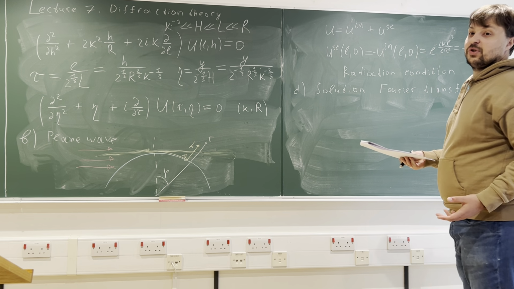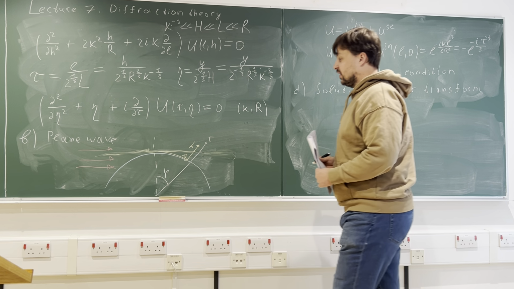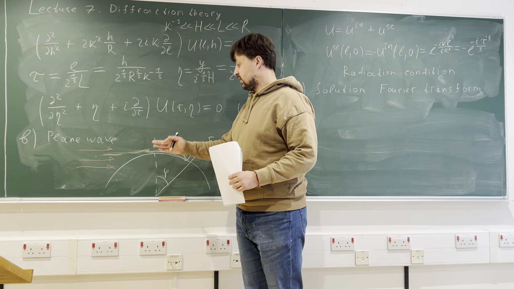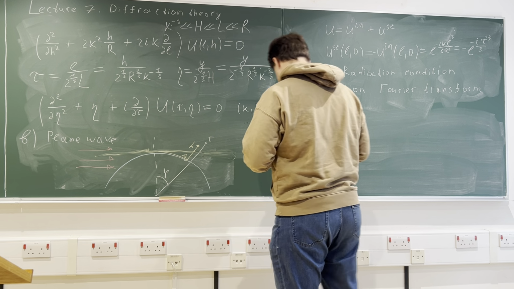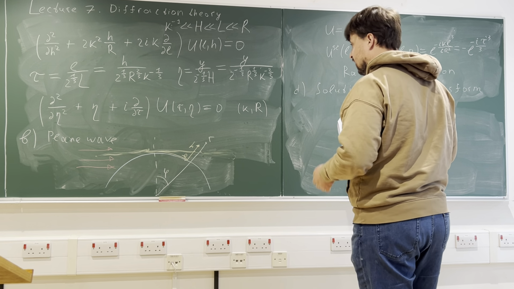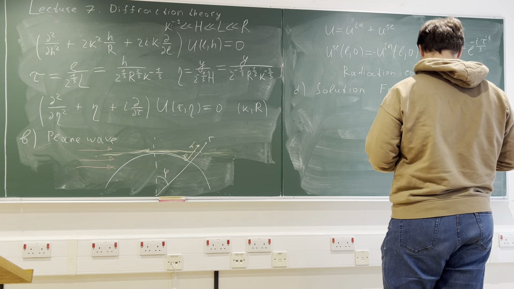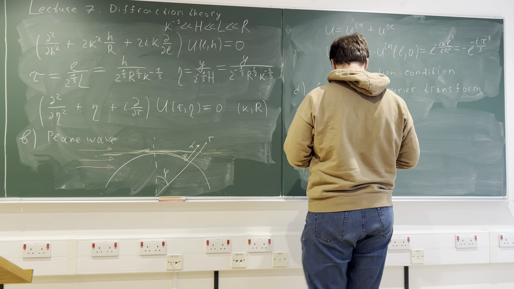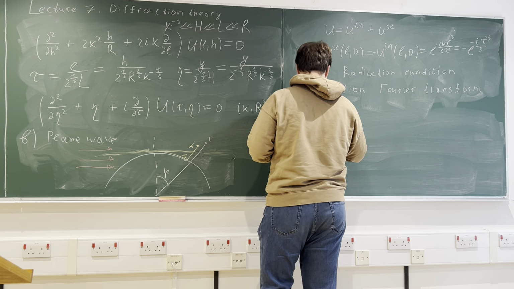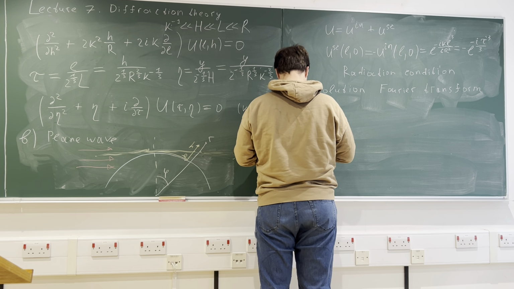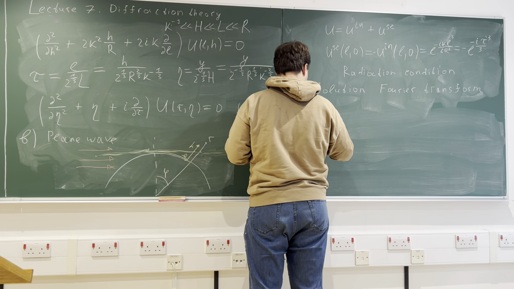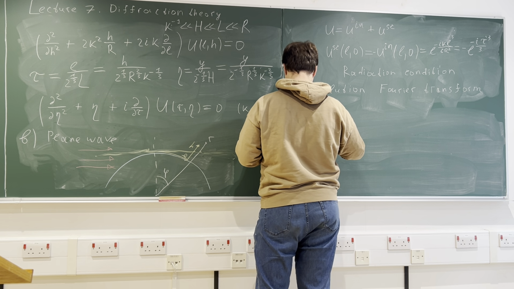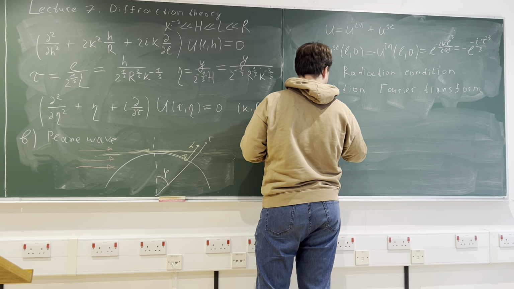Nothing stops us. And then we will kind of separate the angular and radial part of the problem, or you can say the lateral and orthogonal part of the problem. But formally, it's nothing smart.